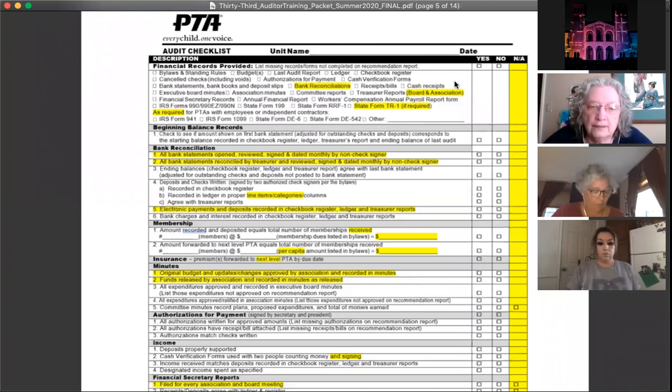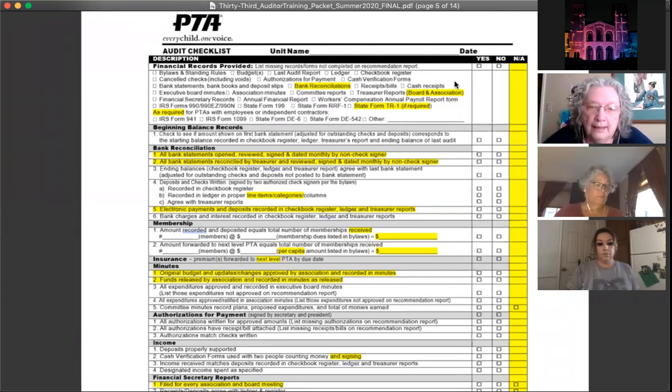The last 2 days of the treasurer training has said that, for example, a check request needs proper signatures and receipts, and cash verification forms need 2 signers. So this is the list of everything that they have been trained on what they need. And all you're doing is checking off to make sure that they are in compliance with all the policies and procedures of PTA.